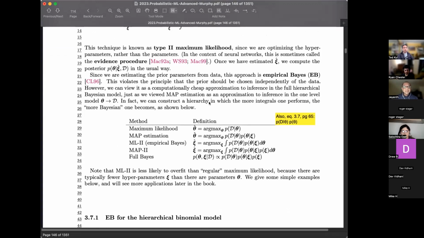Jayanth, yeah. If I understand this right, if you pick a point estimate for your psi distribution, then you're back to just regular Bayesian inference, because once you've picked that point estimate and you've got numbers as opposed to distributions, you plug those in, and now you're just left with theta as normal sort of distributions, right?